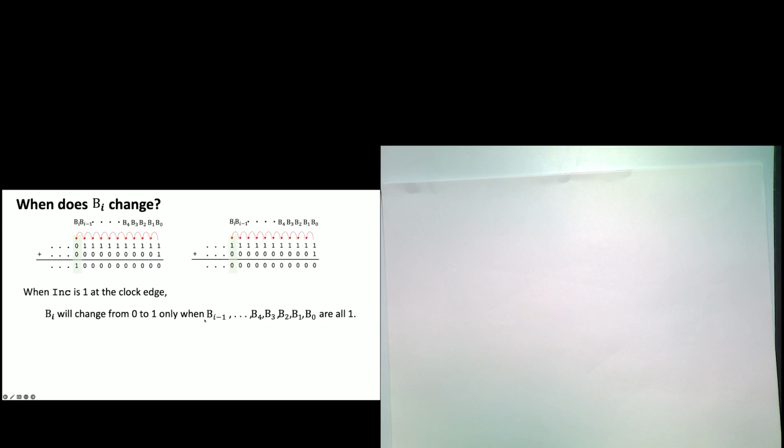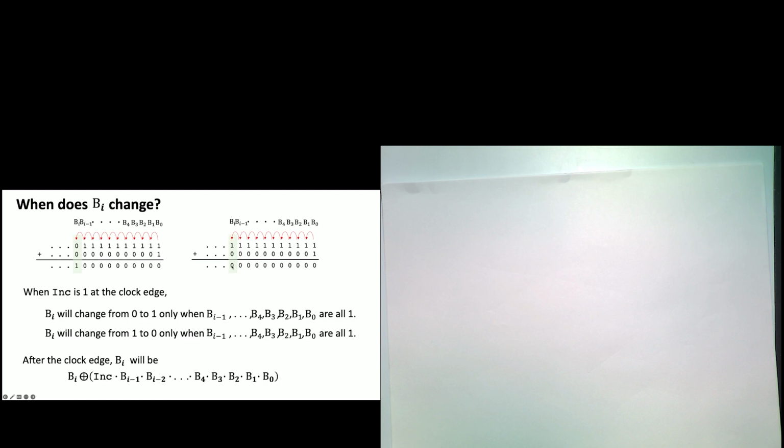Okay, and that even for it to go from 1 to 0. If it's 0 currently, in order for it to go back to 0, we again need a carry. So we can write an equation for this. Bit I will change, so this is an XOR, right?